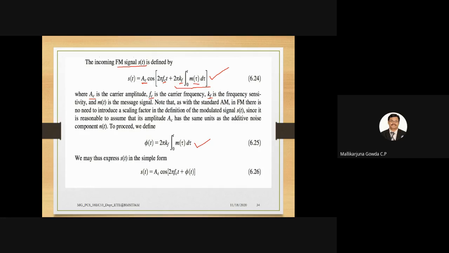Then I can rewrite the expression for the FM signal as S of t equals A_c cosine of 2 pi f_c t plus phi of t. Any doubt in this? We are just expressing the FM signal, which we have already discussed many times.